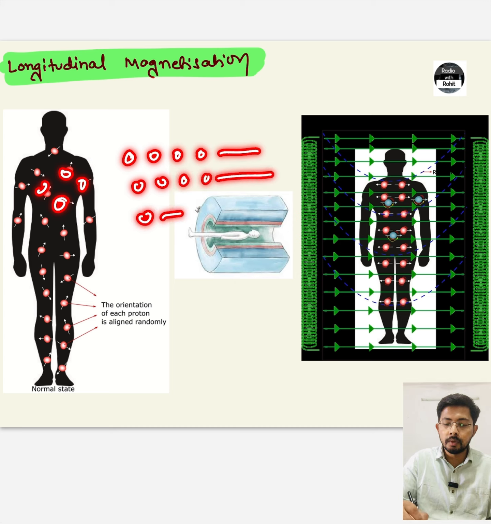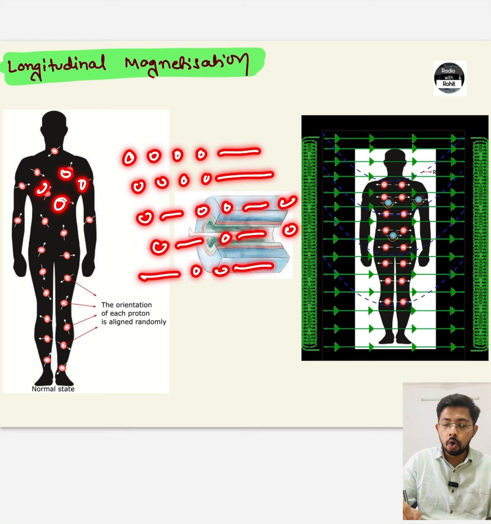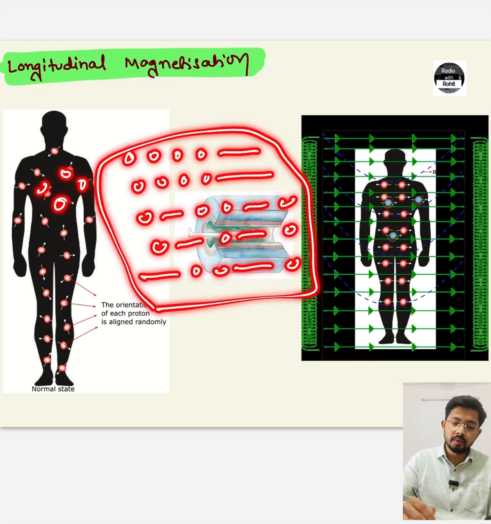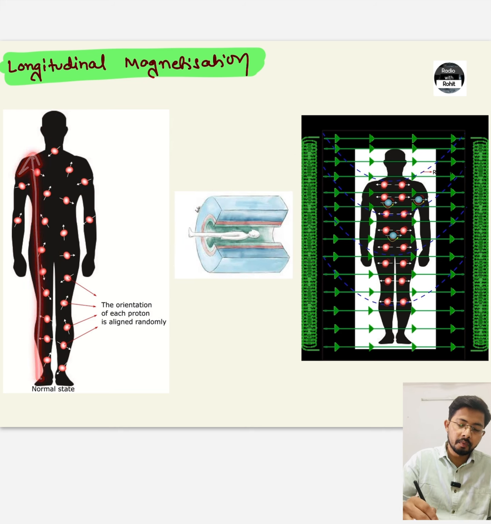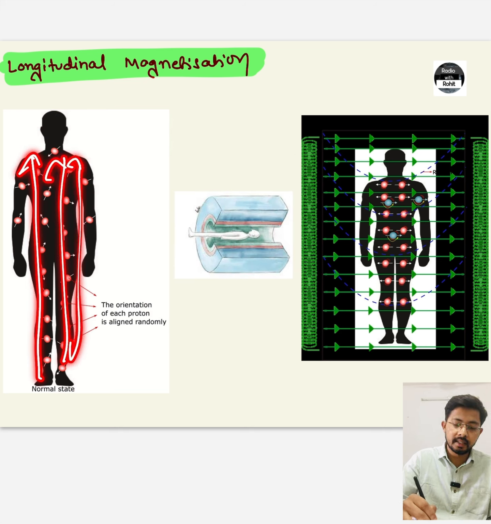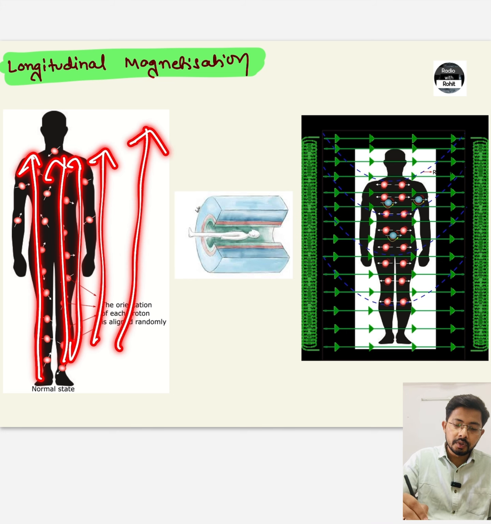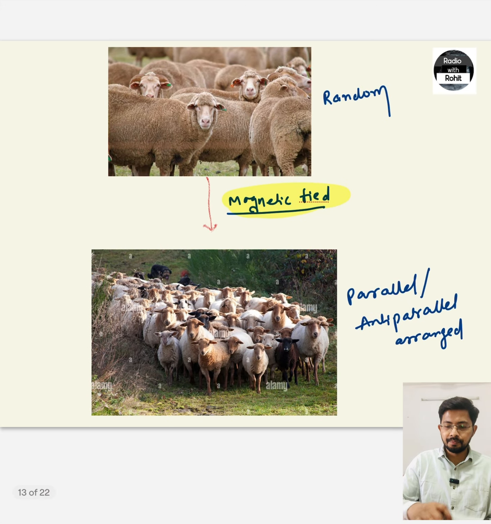So all the protons will align themselves in a longitudinal axis. If this is the z axis, then all the protons will be aligned along the z axis if the position of the patient is along the z axis.